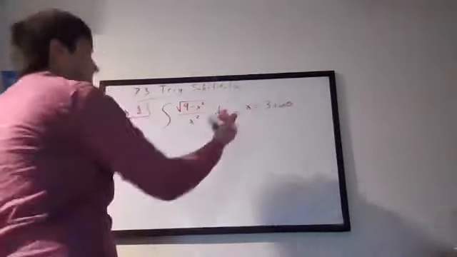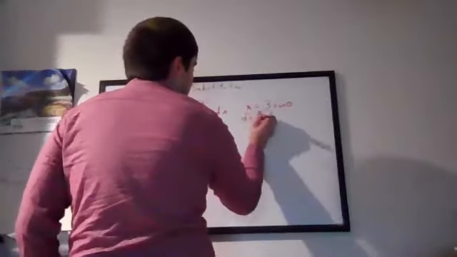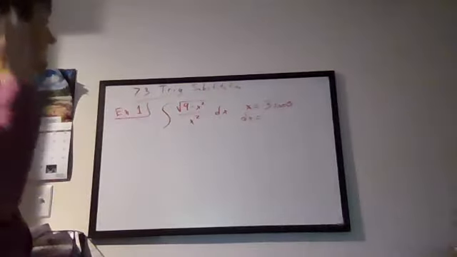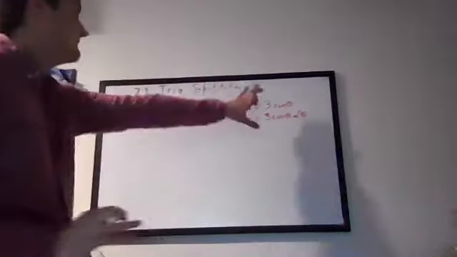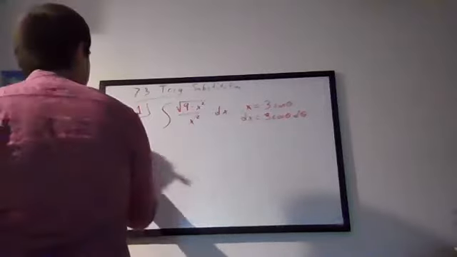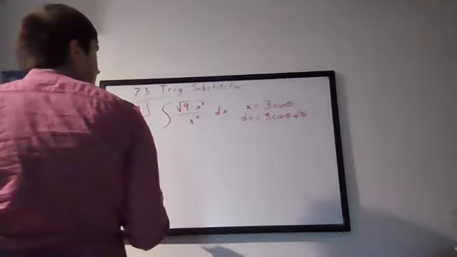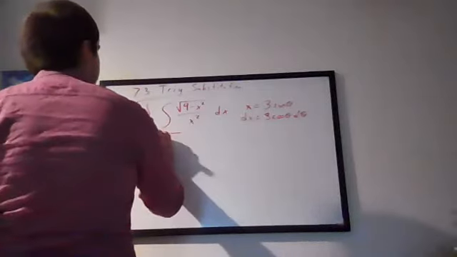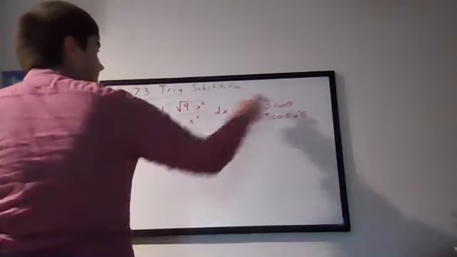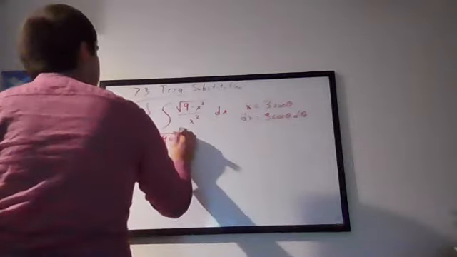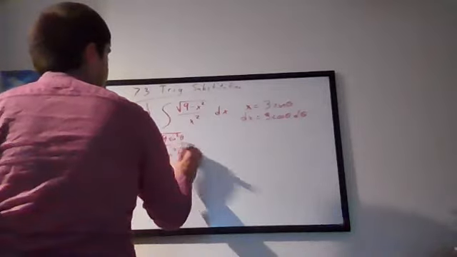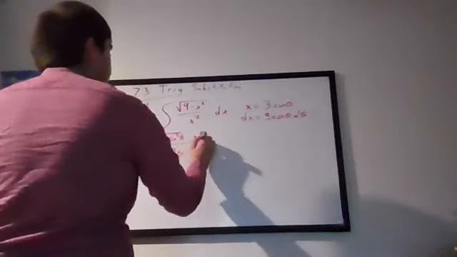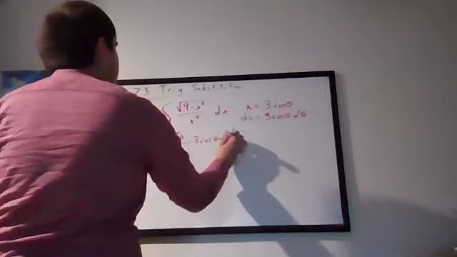Now, I don't just replace x, right? I also have to replace dx. So we're going to find what dx is. dx is going to be 3 times cosine theta d theta. Okay, so now let's take that and put it in here. So we're going to be left with the integral of the square root of 9 minus 9 sine squared theta, over 9 sine squared theta, because there's x squared down here, times 3 cosine theta d theta.